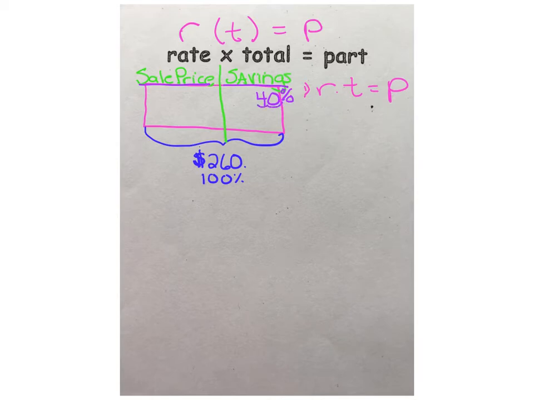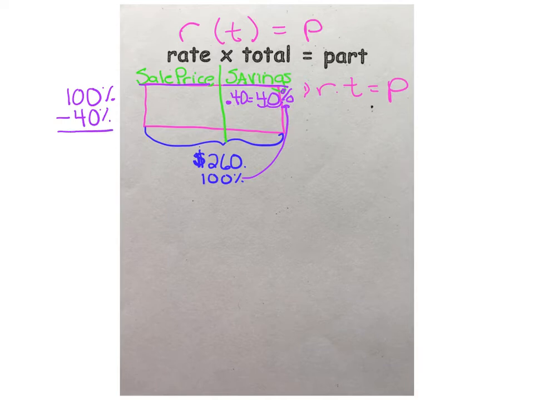Or, scoop, as you change it to a decimal, 40 hundredths, or 40 cents of every dollar you get to save. Well, we know that out of 100%, 40% is placed here. So let's take 100, subtract 40.